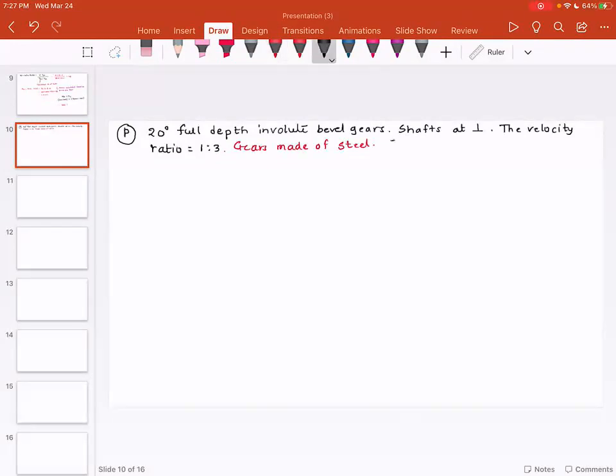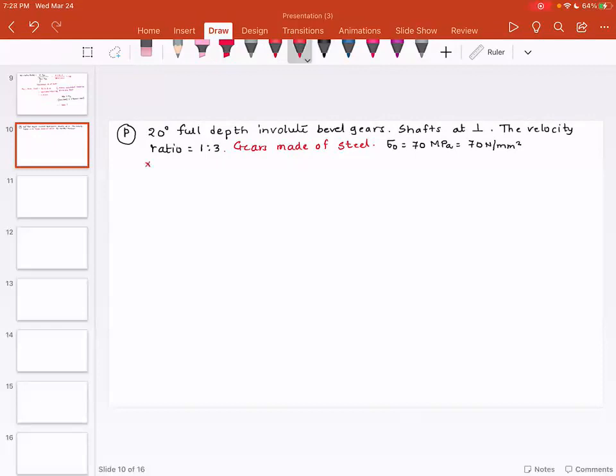And allowable static stress, sigma O, is 70 megapascal, which is 70 Newton per millimeter square. That is the allowable static stress. But there is a difference.